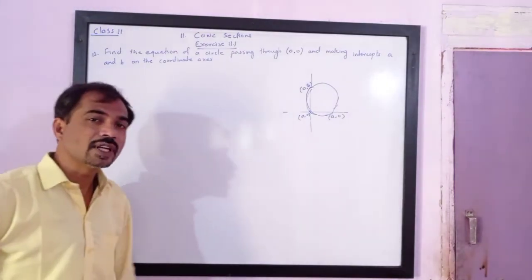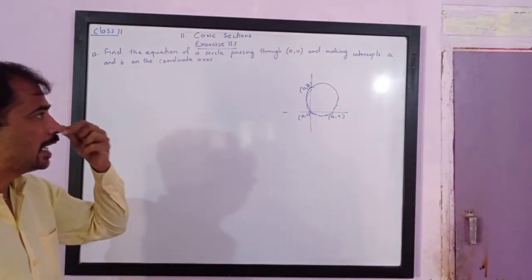Now we know the equation of circle passing through the center (h, k).